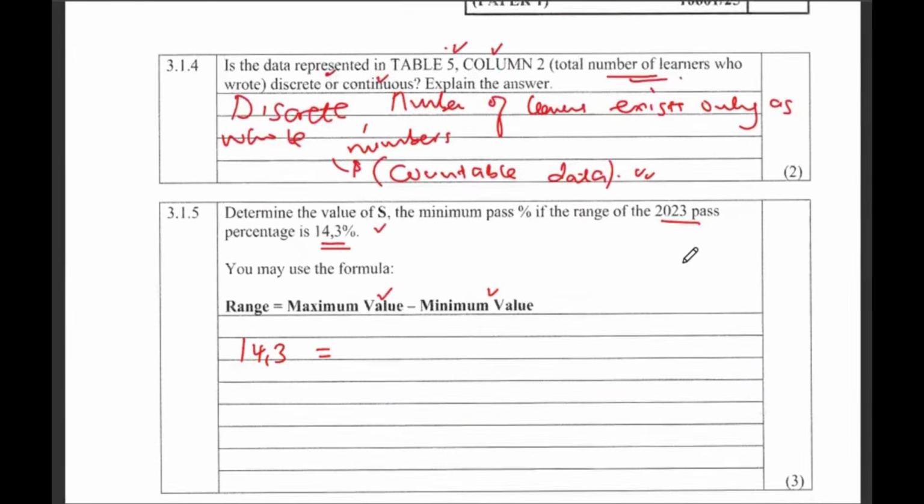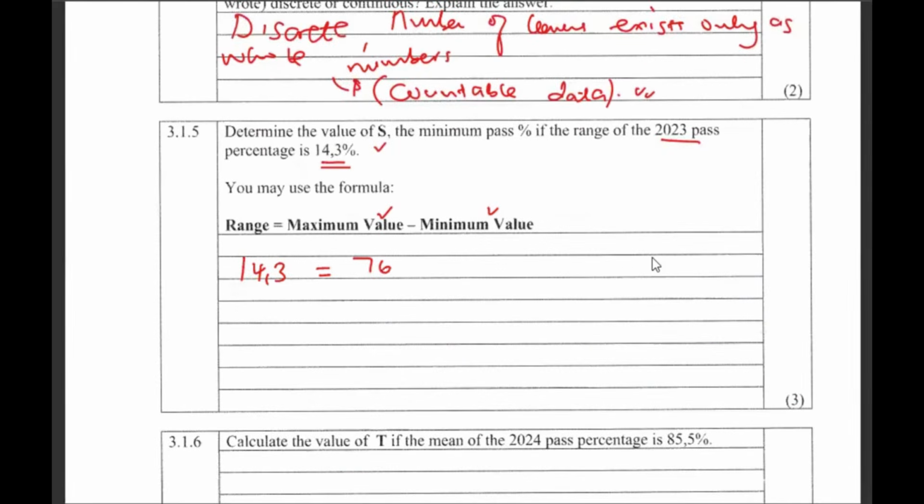We say it's 76.5. Okay, 76.5 minus the minimum value. We're going to move this one that side and move this one that side, switch positions. Okay, so the minimum value, why am I even still calling it minimum? Let me just call it S. So S is going to be 76.5 minus 14.3. So 76.5 minus 14.3 gives me 62.2%, okay, which is like a decline.